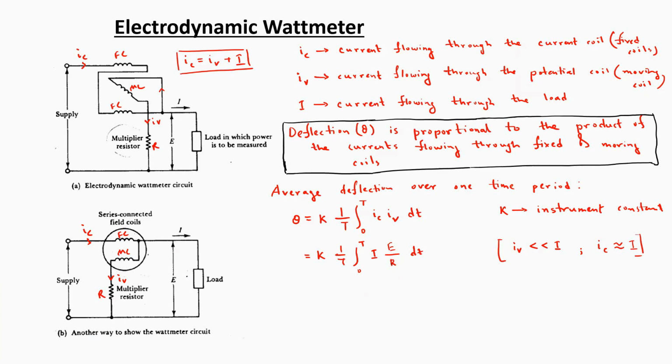We can take the R out of the integral operator because it is also a constant, so we can factor it out. Then we can rewrite the constant to be K1 because we are taking the resistance outside. Then we can write 1 by T integration 0 to T I into E dt.